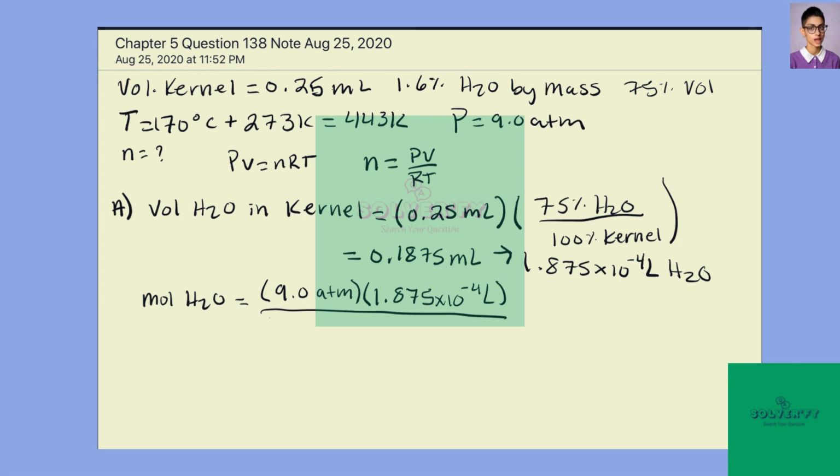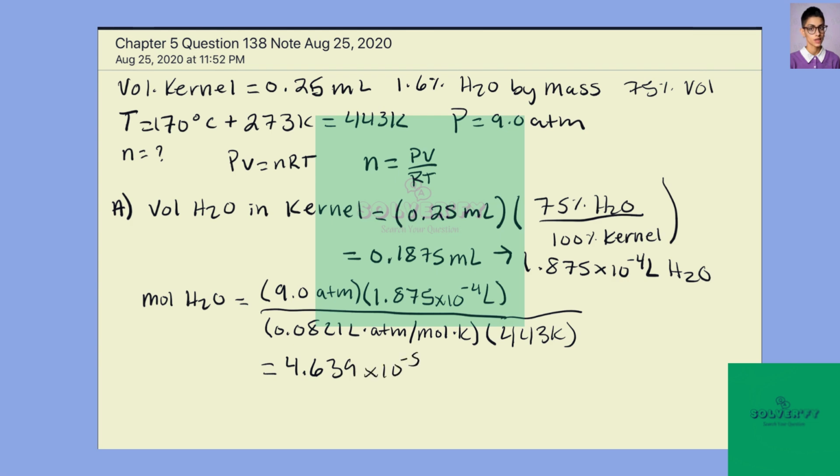The R value I'm going to be using is 0.0821 liters atmosphere per mole Kelvin. And we're going to times that by our temperature, which is 443 Kelvin. Alright, so when we calculate this out, our moles of water is going to equal 4.639 times 10 to the negative 5th moles of H2O.